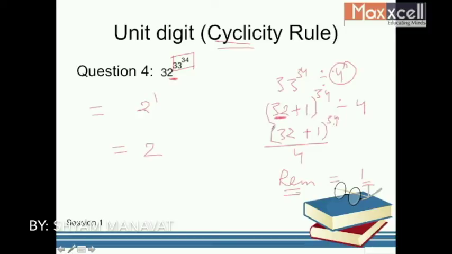Now I check the expansion formula, where I can see all terms will have 32, which will be divisible by 4. We are left with only the last term, which is 1 to the power 34, and that is nothing but 1.